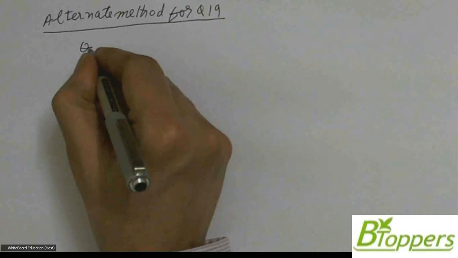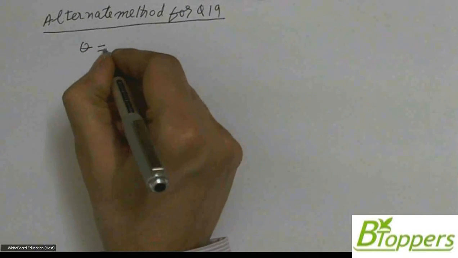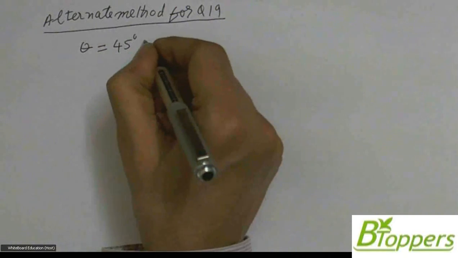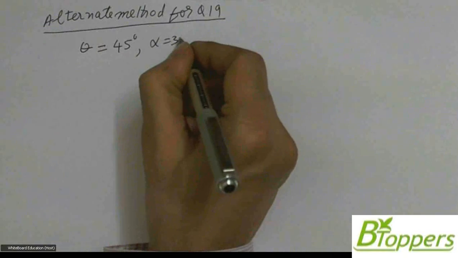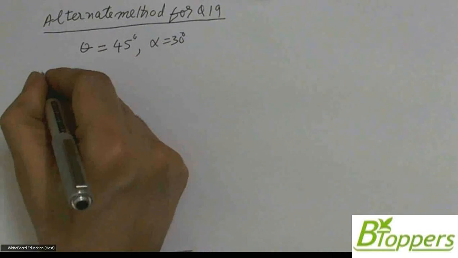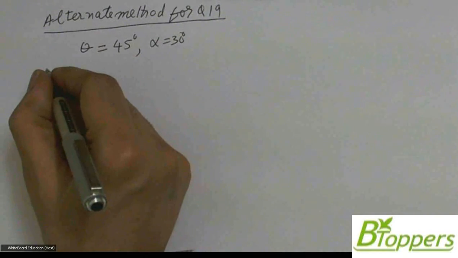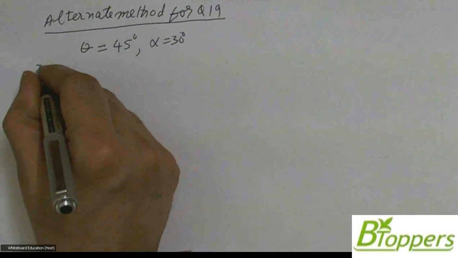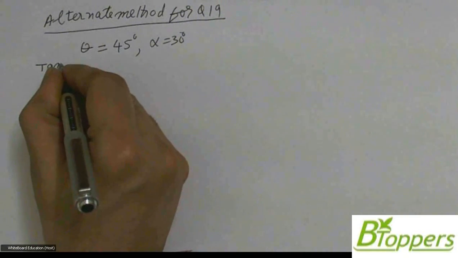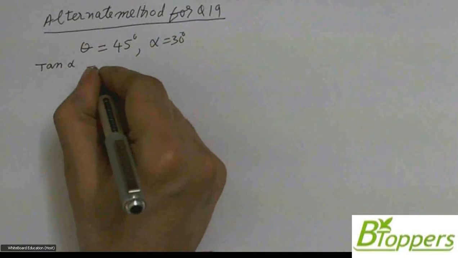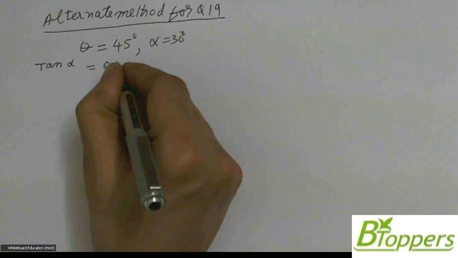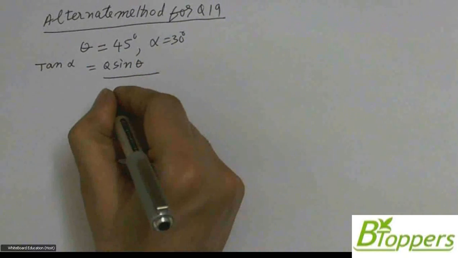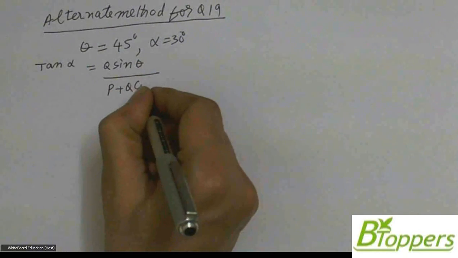So theta is 45 degrees, alpha is 30 degrees. As you know, if alpha is the angle made by the resultant of the two vectors with the first vector P bar, we know the formula tan alpha equal to Q sin theta by P plus Q cos theta.